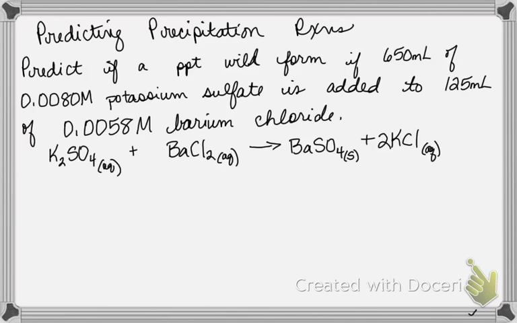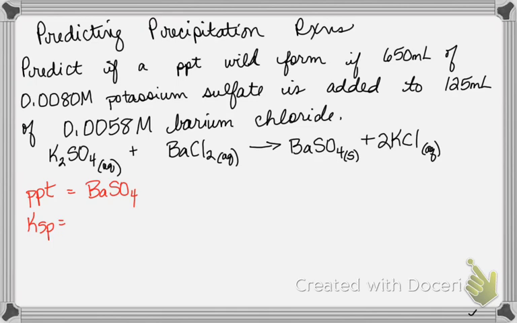If you will remember also that anytime there's a group 1, anything from group 1, that's always aqueous. So that was our first job, is to figure out the precipitate. The precipitate, when we say predict if a precipitate will be formed, we're asking, will barium sulfate precipitate? Then we're also going to need the KSP for that.